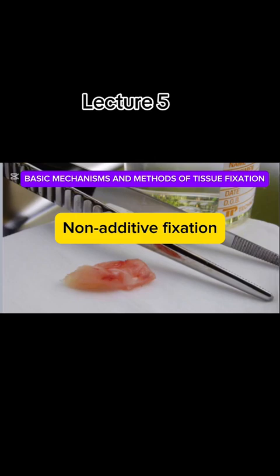So the fixative does not chemically integrate with the tissue. Coagulation alters the natural conformation of biomolecules. So the non-additive fixation is commonly used for rapid fixation or for specific staining methods like cytology or enzyme histochemistry.